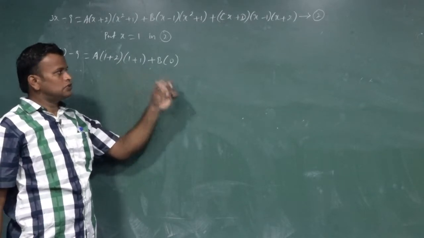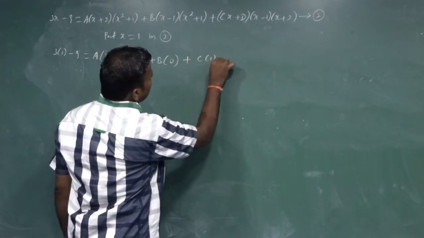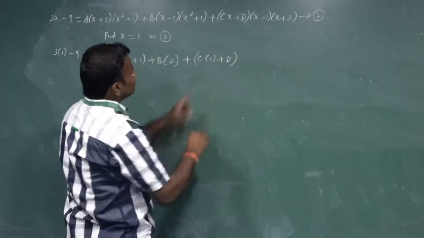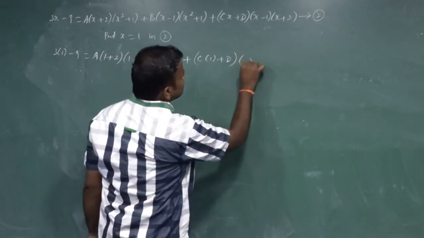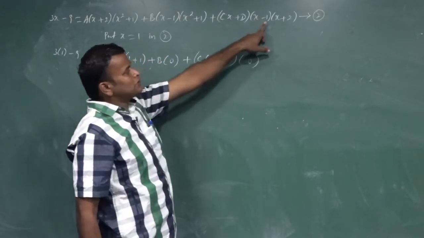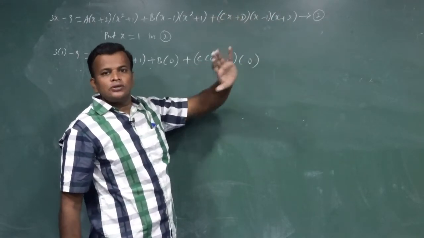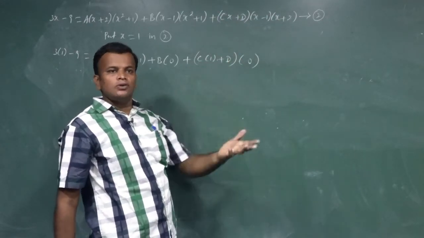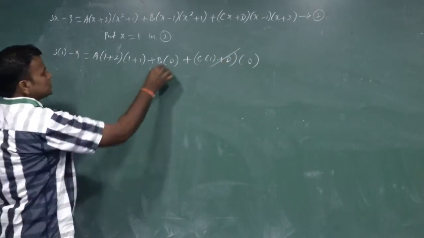Plus c of 1 plus d, c of the value of x is 1 plus d. All other values are 0. 1 minus 1 is 0. 1 plus 2 is 3, but 0 and 3 is 0. 0 with anything is always 0, so we just write 0.